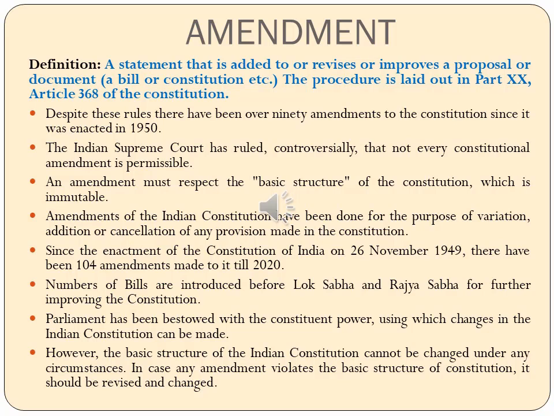From this we can understand that our constitution is a developing or evolving one, and the Indian Supreme Court has ruled controversially that not every amendment or constitutional amendment is permissible, and the amendment should respect the basic structure of the constitution, and the basic structure of the constitution cannot be changed or it is immutable.